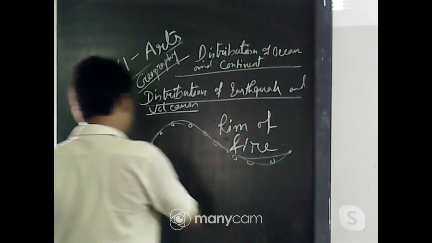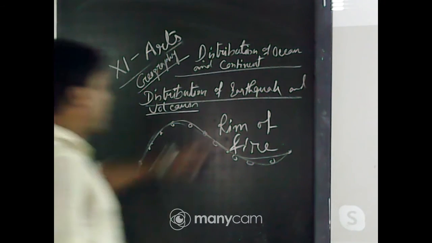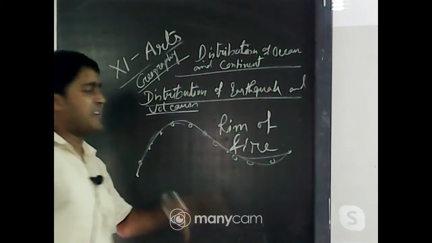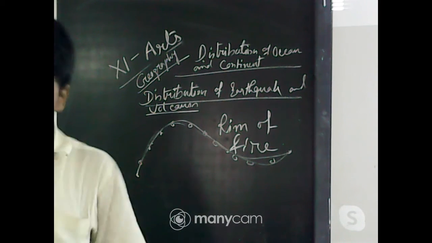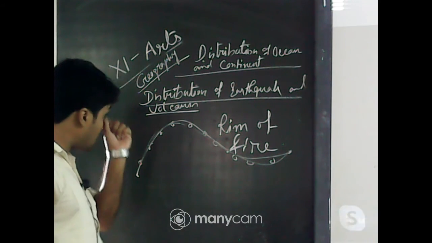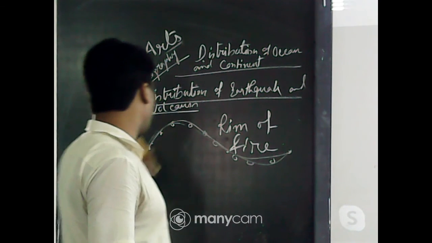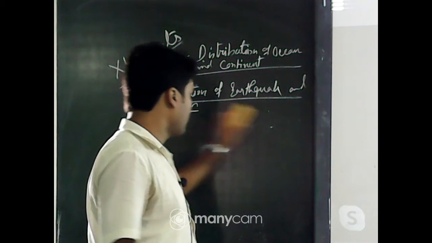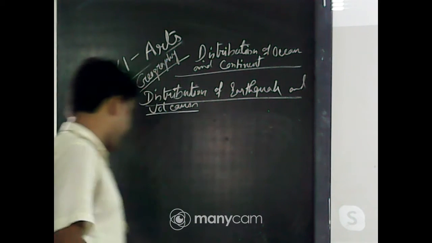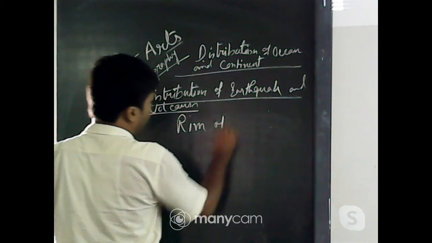These areas are called the rim of fire. So, the rim of volcanoes situated in the Pacific Ocean is called the rim of fire. Very important, due to the existence of active volcanoes in this area. This is the active volcano. So, this is called the rim of fire.